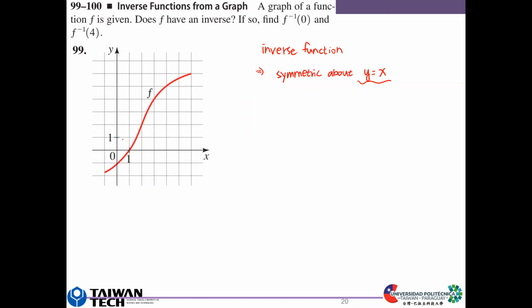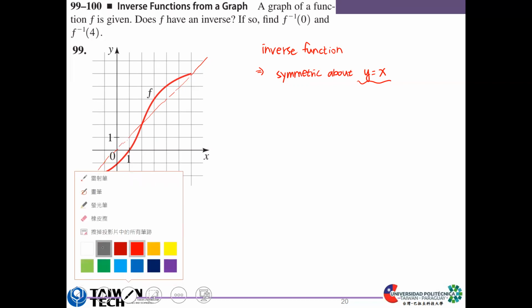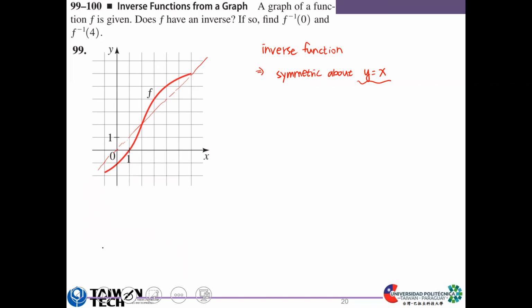So what is y equals x here? y equals x is this line. Using a different color, if we want to draw the symmetric function of f, it will be like this. Again, the graph will be totally symmetric.